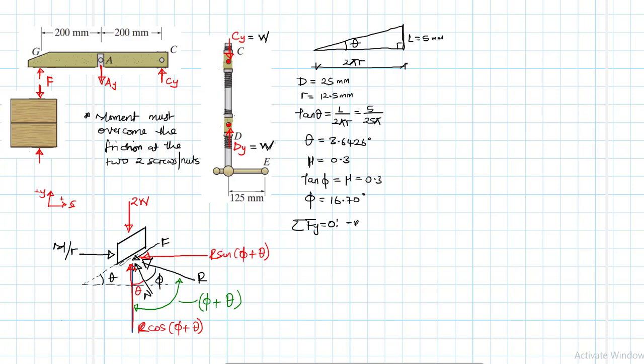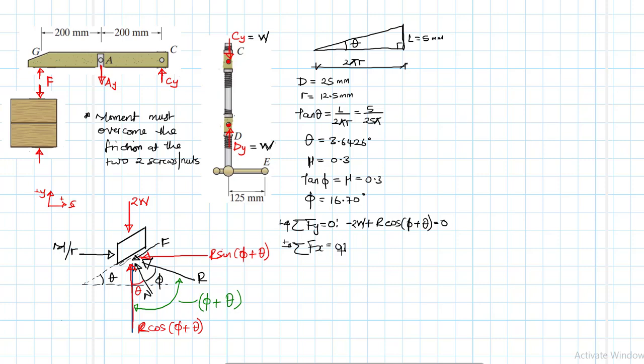We have minus 2w, since in the y we have two w's, plus r cos of phi plus theta equal to 0.